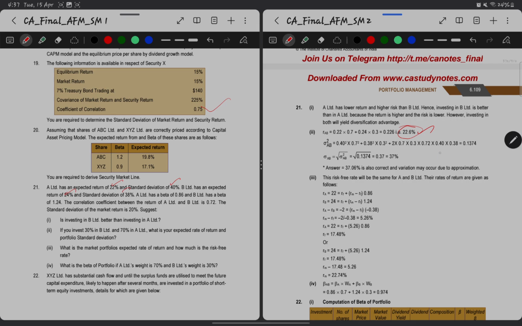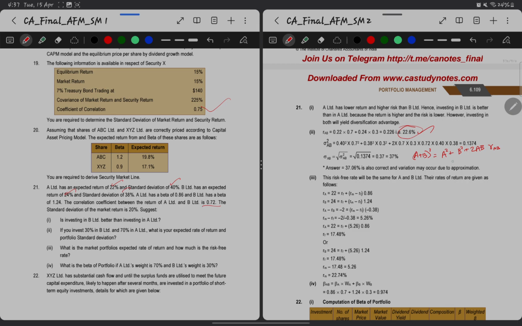For calculating the standard deviation, which is nothing but the risk of the portfolio, we have to use as usual the (A plus B) whole square approach: A square plus B square plus 2AB multiplied by the correlation coefficient of A and B. They have already given the correlation coefficient of A and B, nothing but 0.72, and we have the risk also and we have the beta also.